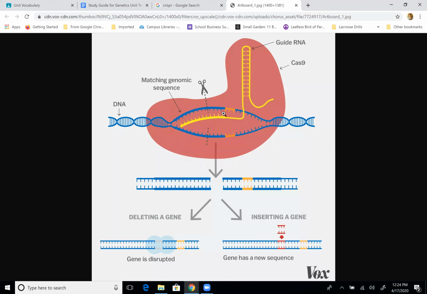Okay, so in a future that's not too far away, actually right now, people are using this to look for cancer genes and replace them with healthy genes in people with cancer. They're doing that. As we discussed in our class, a Chinese scientist actually changed the DNA of twin sisters to make them immune to HIV.